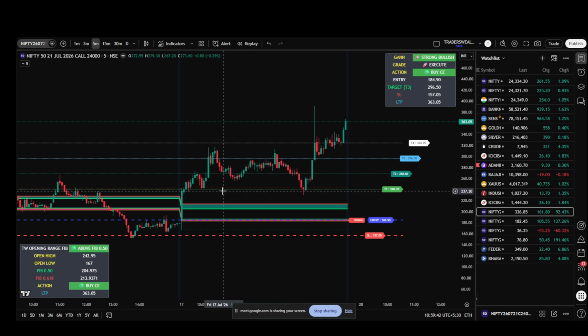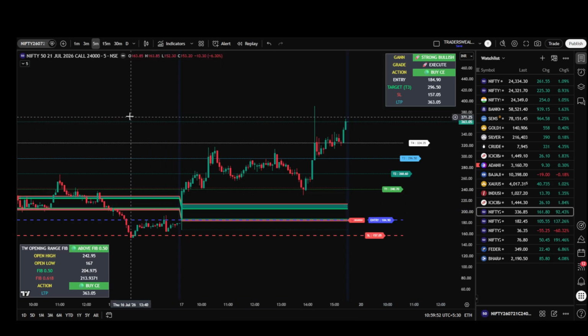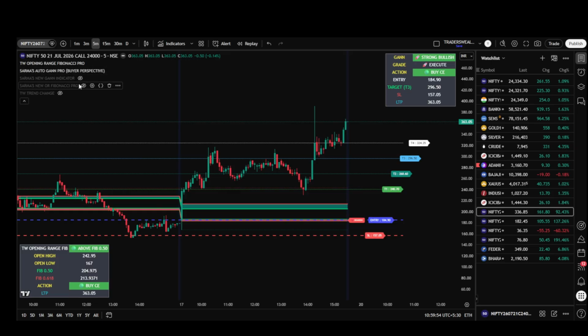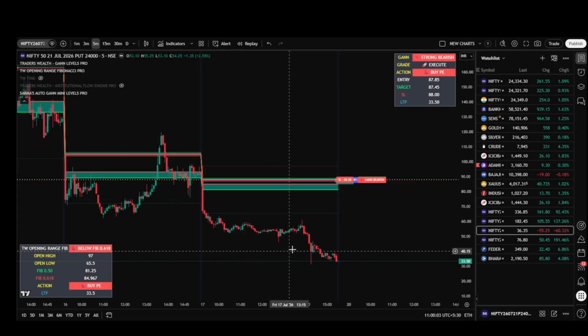That is, if I am a buyer of options or of any stock, then I can use it, and only buy signals and targets are shown over here. Then I have also modified something which gives you both buy and sell.